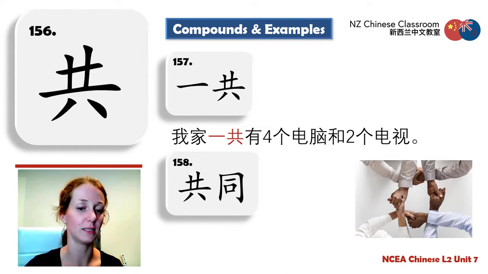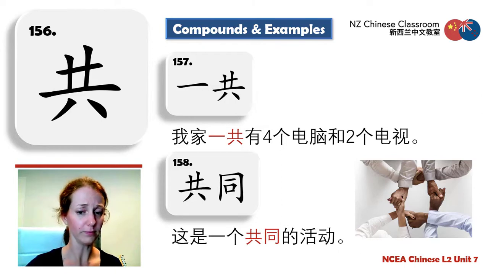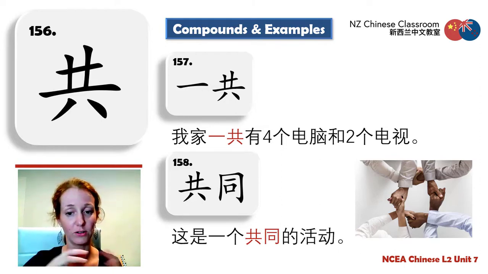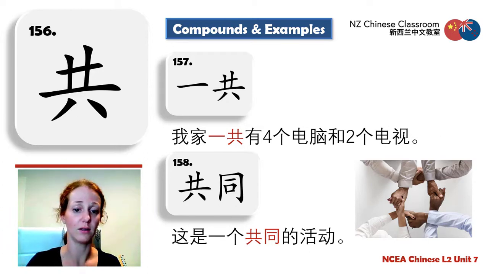This one you might not see because it's quite a formal word, and so it's quite difficult to come up with a situation. So this one, imagine that your teacher has put you into some groups and you have to do some activity together, and some people have different jobs to do, but you've got to do this activity together. So maybe you go to the teacher and you don't really want to be in that group and say, oh, 老师, I don't want to be in this group.